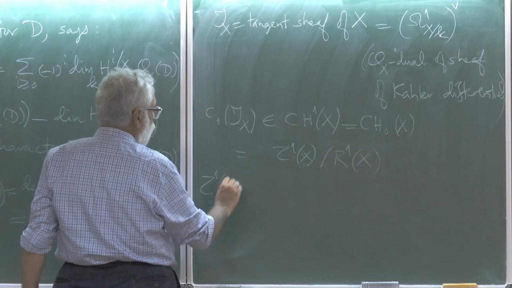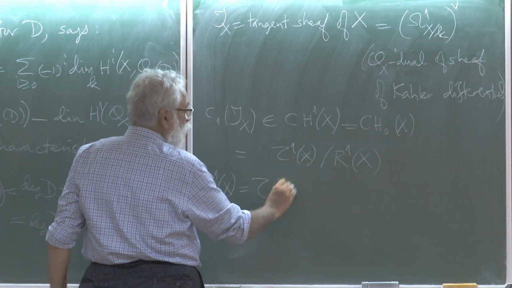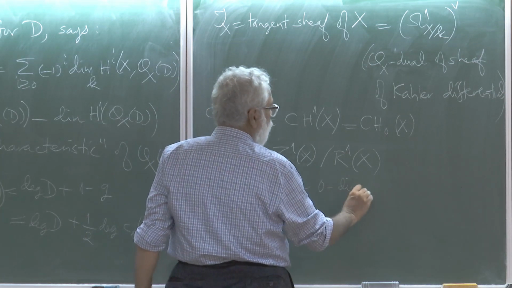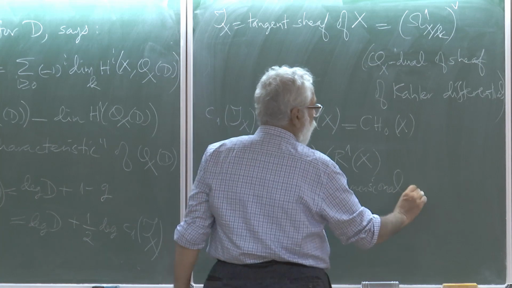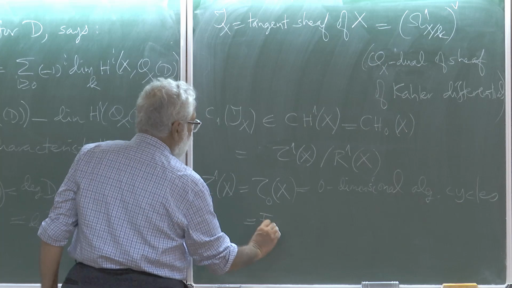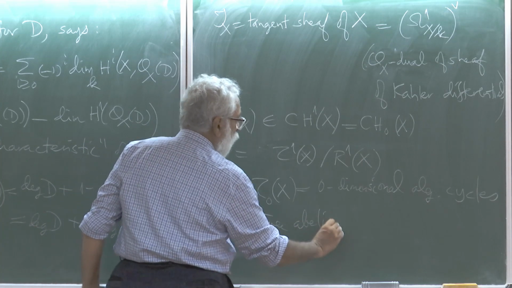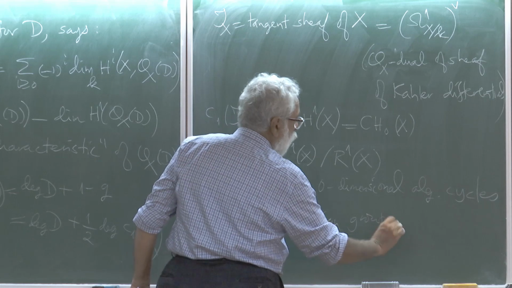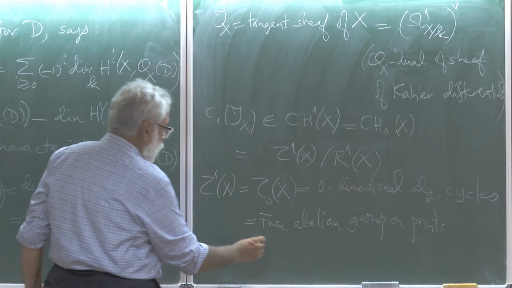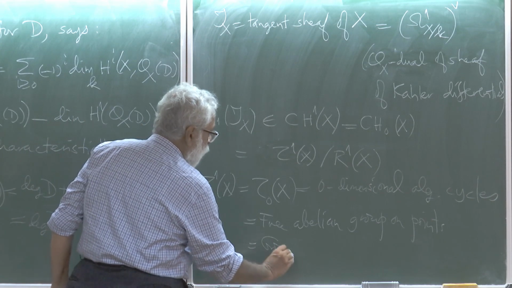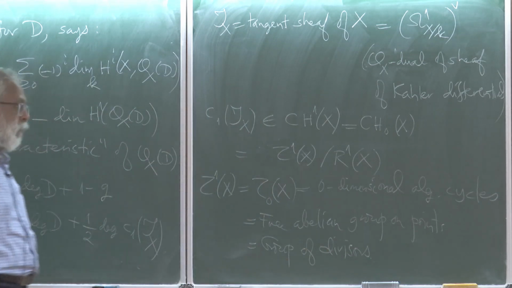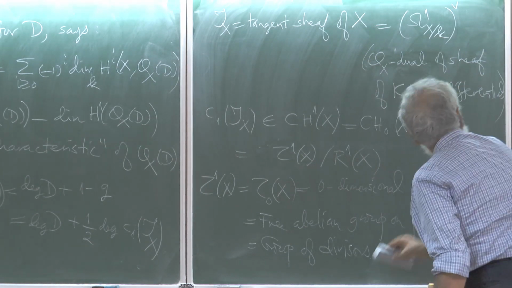Z^1(X), in dimension formalism, would be Z_0(X), the 0 dimensional algebraic cycles, which more abstractly is just a free abelian group on points, closed points, I want to be very careful, which has a more classical name, group of divisors. And what is this R^1? Let me remind you again.